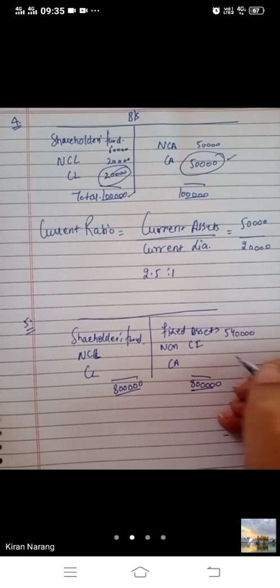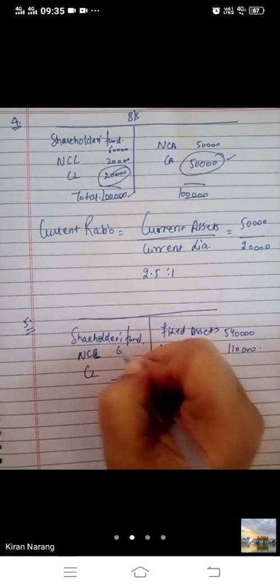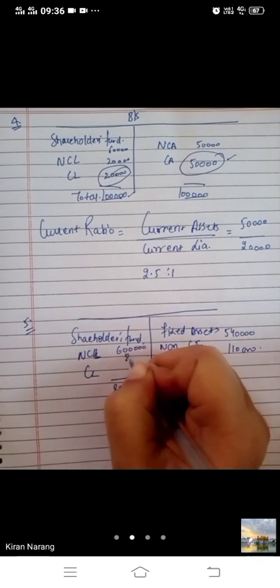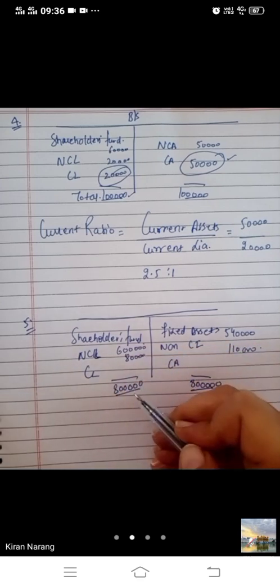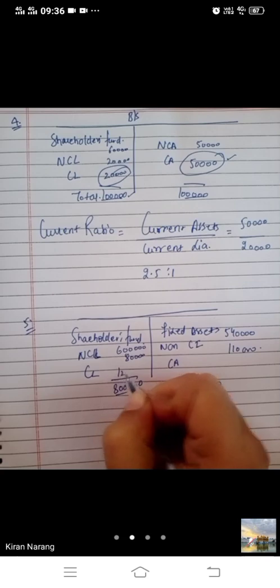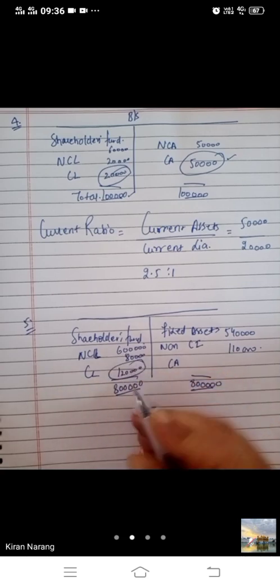Non-current investment 1,10,000. Then shareholders fund 6 lakh and 80,000 is the non-current liability. So deduct 6,80,000 from 8 lakh. It will be 1,20,000. The difference will be current liability.